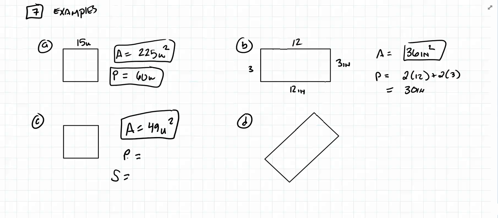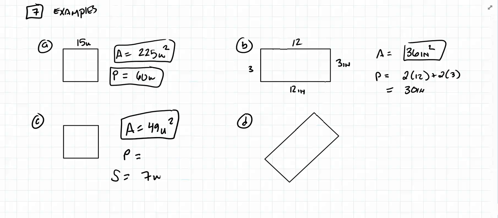How do you know each side is 7? Don't you just take the square root? Because if it's a square, that means that the side has to be 7 units, right? And the perimeter has to be what? Yeah, 4 times 7, right? It'd be 28 units.